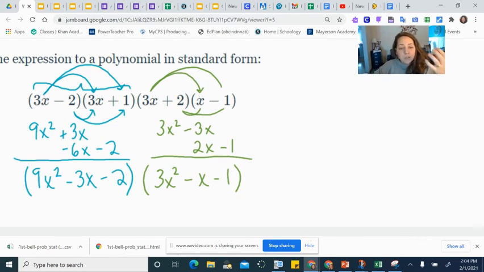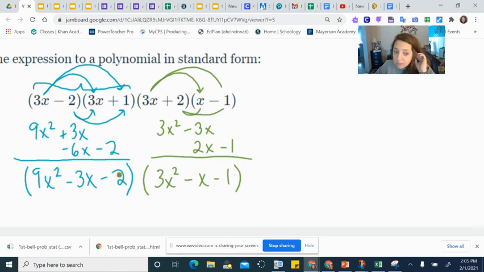Okay, so I took those 4 binomials and I turned them into 2 trinomials, right? I multiplied the first 2 and got this blue stuff over here. I multiplied the second 2 and got this green stuff over here. I'm not finished. I did not multiply it all out yet.